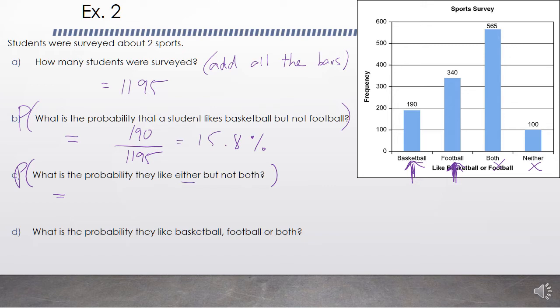And since it says either, we're going to add, whereas for the Ministry of Natural Resource question, it said this, then this, or this and this. That's why we multiply. But if it's either, we're going to add. So the probability they like basketball, 190 over 1,195, plus the probability they like football, which is 340 over 1,195.